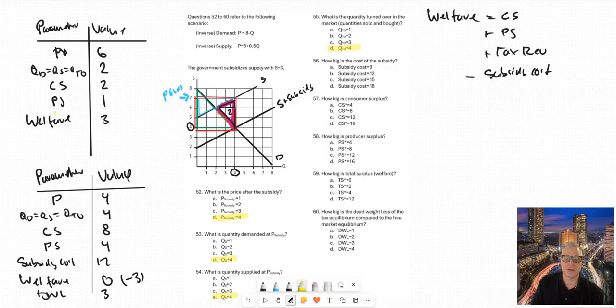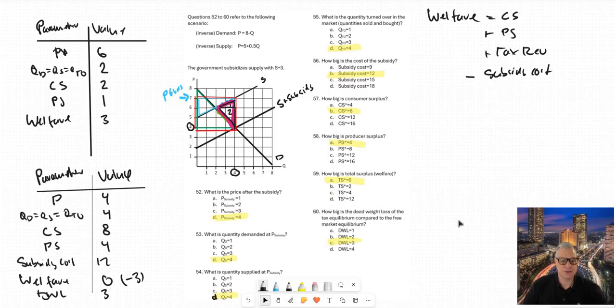The subsidy is 4 times 3. How big is consumer surplus? We said that's 8. How big is producer surplus? We calculated that as 4. How big is the total surplus, welfare? Well, that is 0. So how big is the deadweight loss? 3.